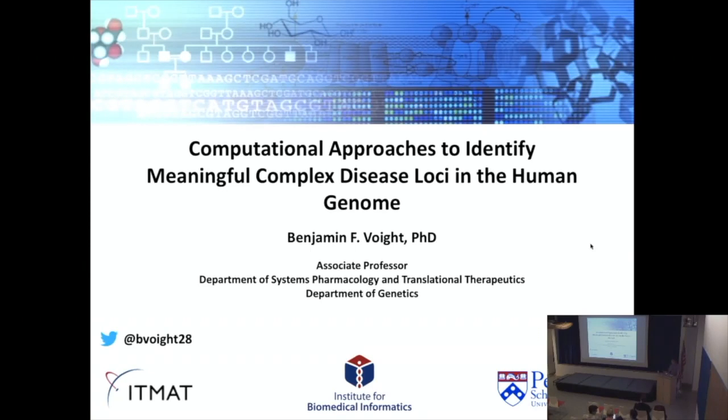After that, he did a postdoc at Mass General Hospital and the Broad Institute with David Altshuler and Mark Daly, working on common genetic variation associated with complex disease and the framework of Mendelian randomization to perform causal inference using human genetics data. He's currently at the University of Pennsylvania as an associate professor in the Department of Systems Pharmacology and Translational Therapeutics and the Department of Genetics, and serves as the vice chair for the Genomics and Computational Biology program.